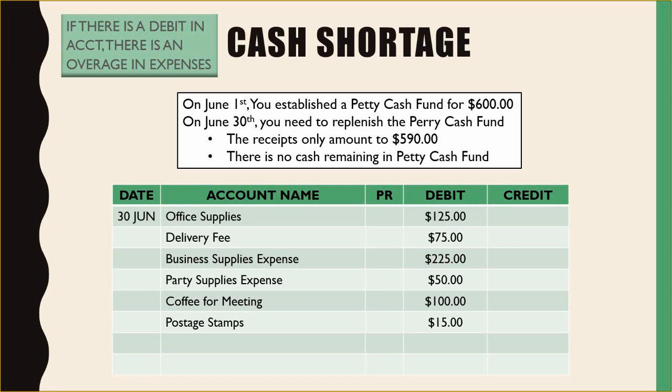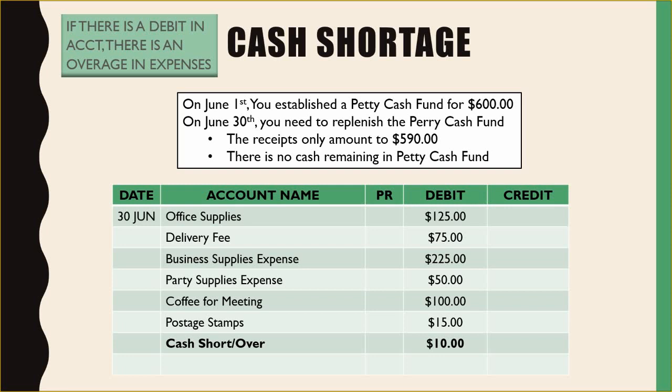I'm supposed to have a total of $600 in my petty cash drawer. Why is it that I only have $590 worth of receipts? I am missing $10. So that's where you're going to establish that you are short in cash. Okay? And it's for that $10.